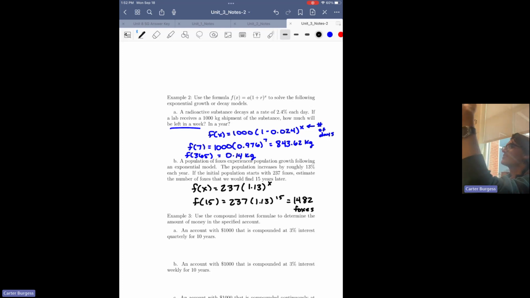In fact, particularly for the decay, it's not like it's watching a clock and then losing that 2.4% all at one single time. It's spread out throughout the course of a day. You're losing a little bit of that 2.4% incrementally over the course of the day.